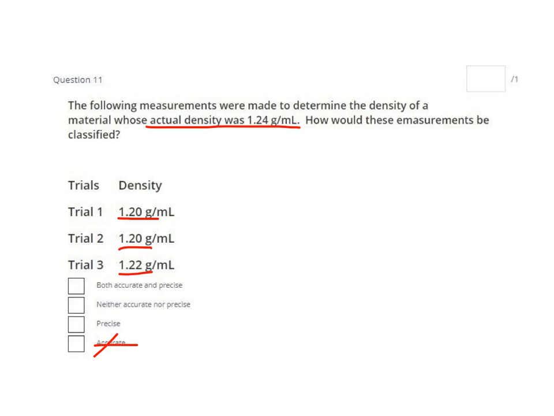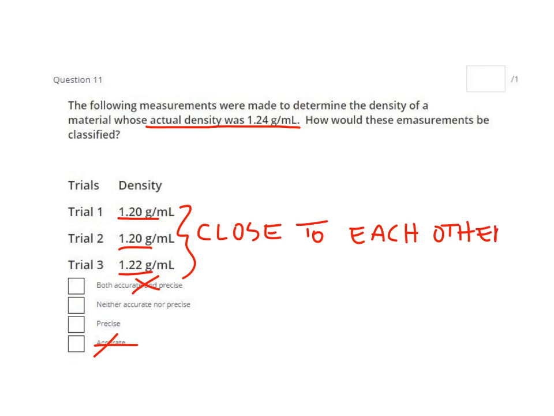So if it's not accurate, then it can't be both. Now, it's not accurate, but are all 3 of the values close to each other? So 1.20, 1.20, 1.22, I would say yes, they are very close to each other. So even though they are not accurate, because they are close to each other, I would say these trials are precise.